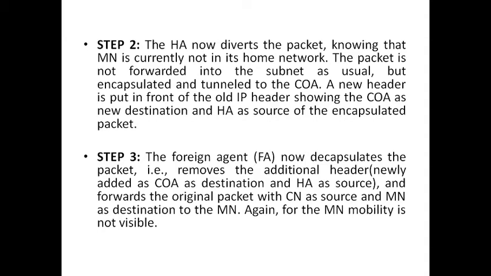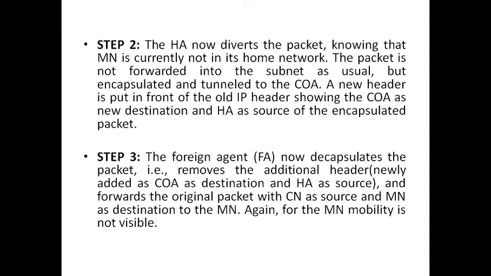from the correspondent node. Means it will know only about the header which is added by the correspondent node with correspondent node as a source address and mobile node as the destination address. Again for the MN mobile node, mobility is not visible. That is what we have seen in the requirements of the mobile IP.